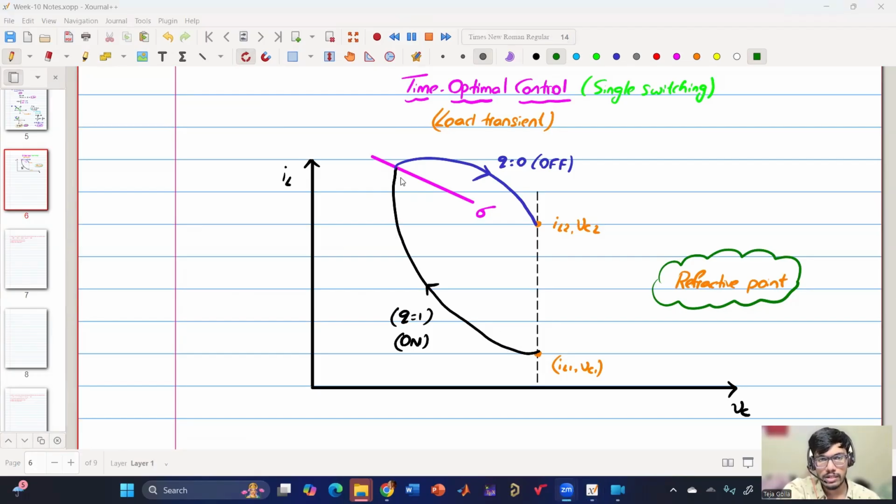And after that dip, it tries to come back to the same. Actually, this is not VC2. So this is same as VC1. So it tries to come back to the same voltage, but with the new inductor current. And this is like a dip.